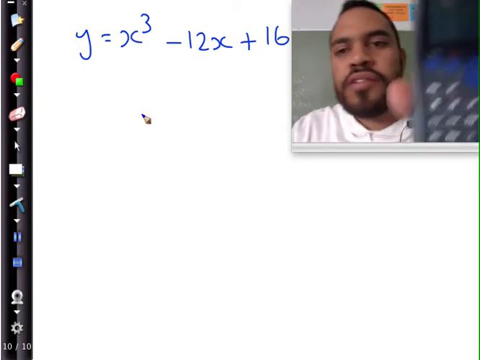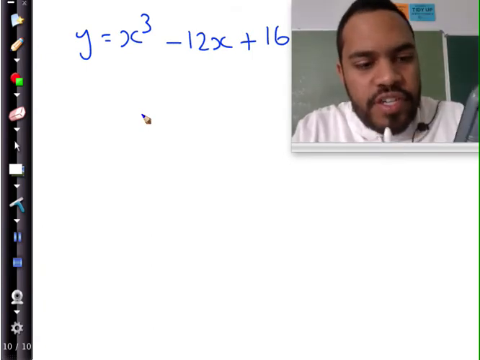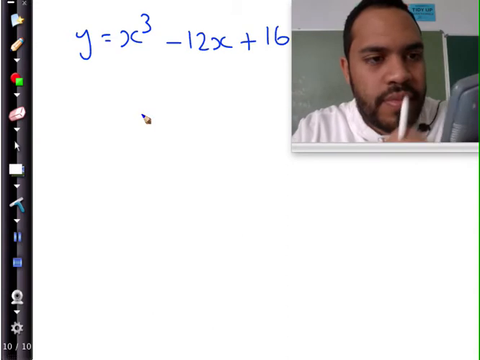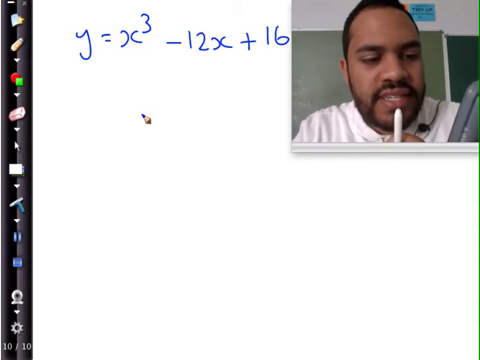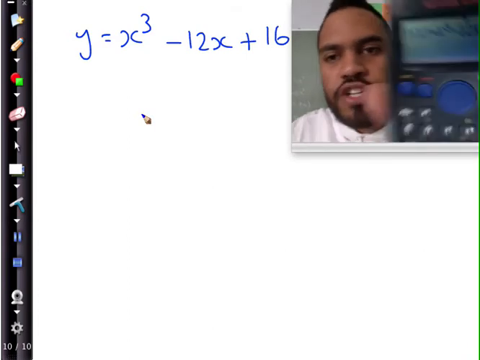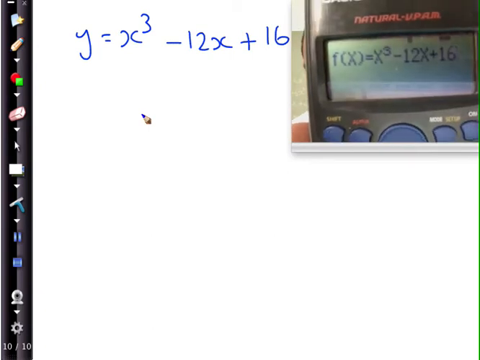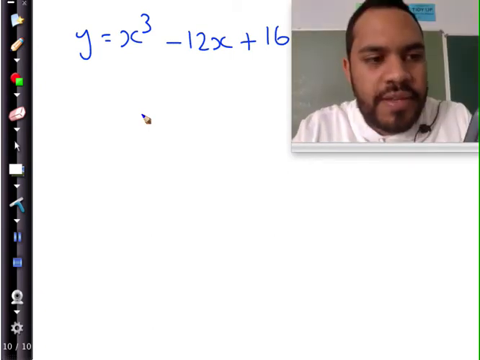Once you have it in table mode, everybody got that? Great. You're going to type the equation that we see using the alpha, which is x cubed minus 12x, right? There's no x squared in this question, just minus 12x plus 16. And you should have the following, right? Once you have that, you press the equal to button.